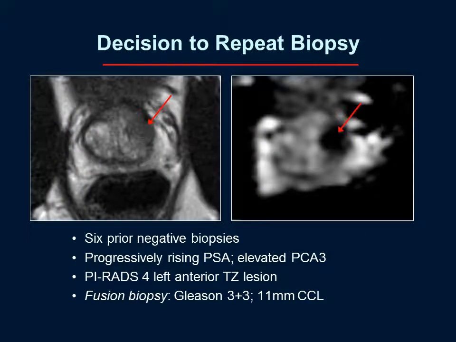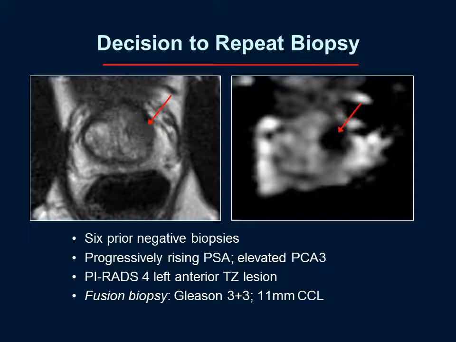I think it's very important and helpful to give these numbers clearly and unambiguously as our category within the reports. This is a patient with 6 prior negative prostate biopsies, but a progressively rising PSA as well as an elevated PCA3, a urinary mRNA-based marker. On the MRI, we see this left anterior transition zone lesion with some ill-defined margins.